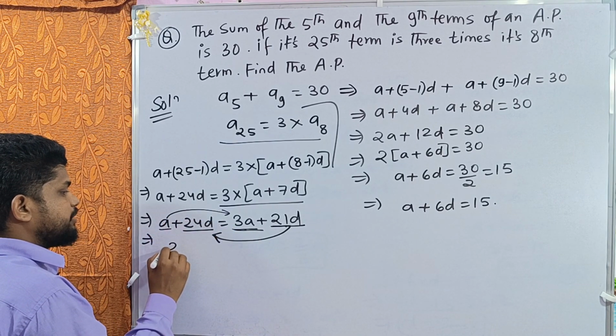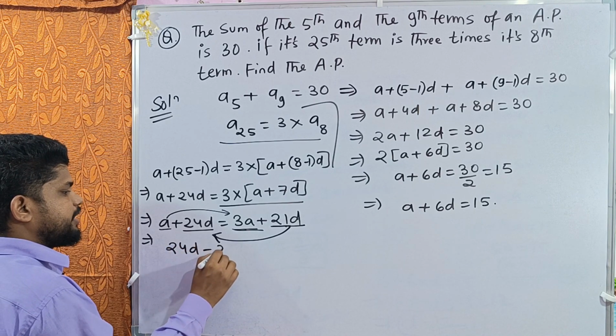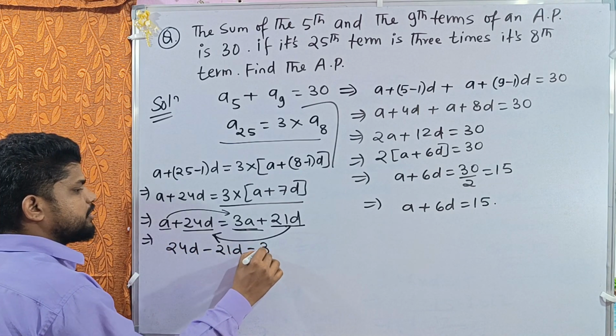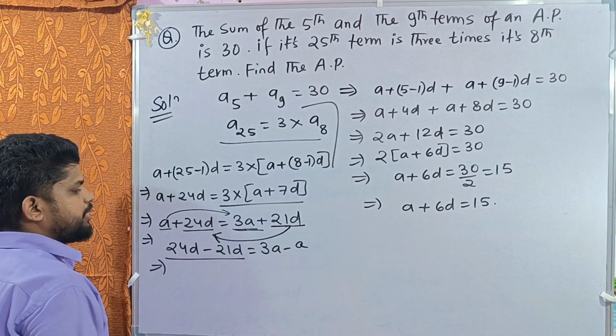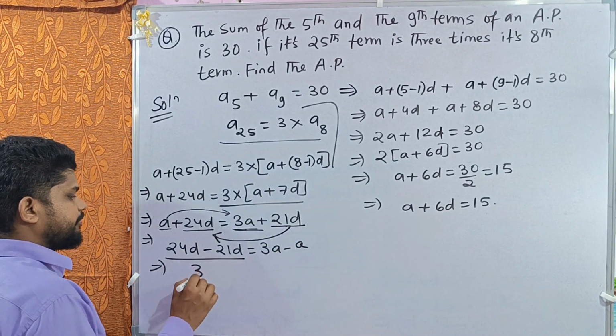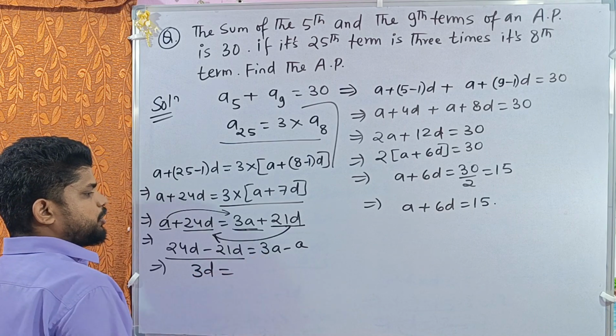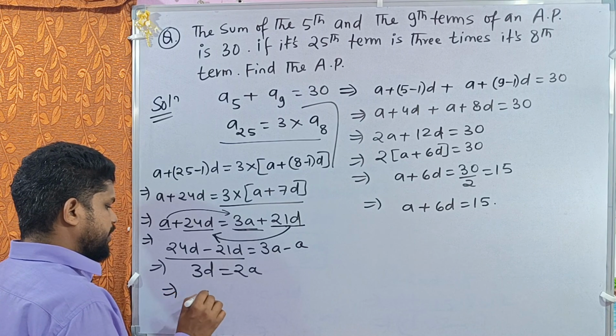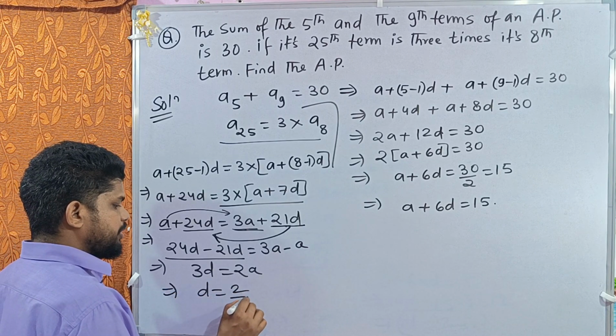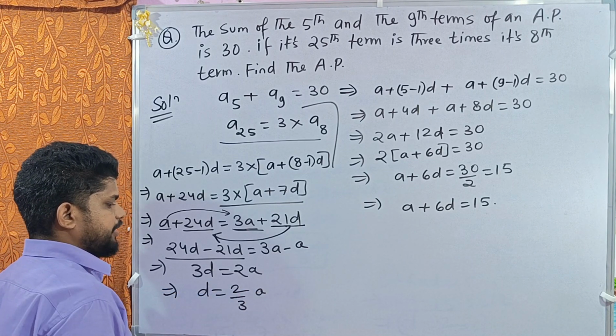So it will give me 24d minus 21d is equal to 3a minus a. This gives 3d is equal to 2a, so the value of d is equal to 2 divided by 3, into a.